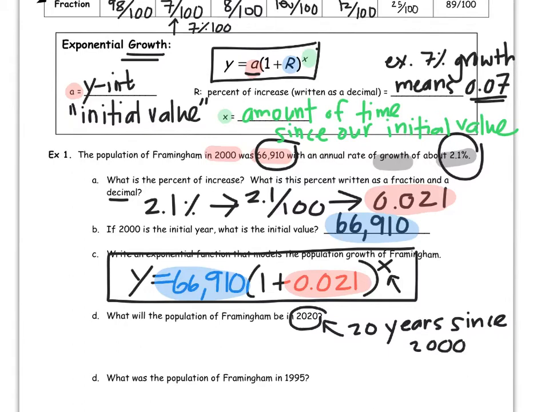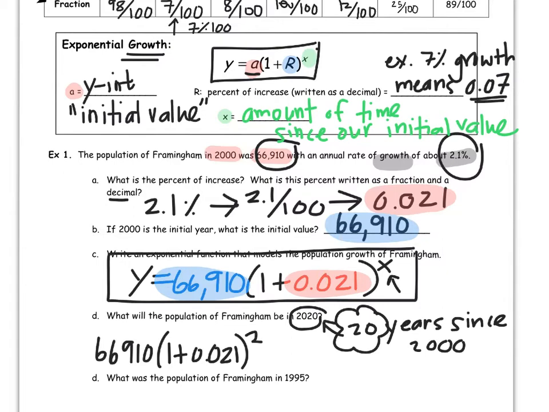So this 20 is going to be our x. So we're going to plug that in. So the population will be 66,910, parentheses 1 plus 0.021, and as an exponent, I'm going to plug in 20.